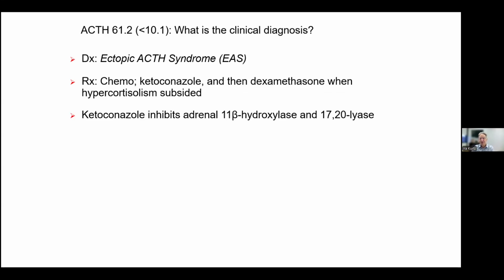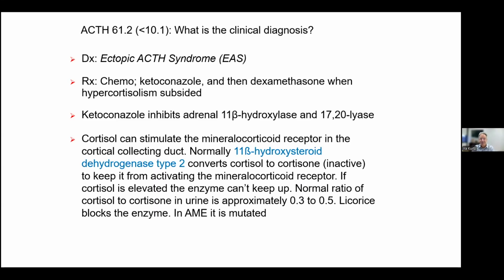Remember that ketoconazole inhibits 11-beta-hydroxylase, one of the enzymes that's important in cortisol production, and also 17,20 lyase. It's in the biochemical pathway in the adrenal. And so what's going on here is, remember, cortisol can also stimulate. So we talked about Geller syndrome, where progesterone can stimulate the mutated mineralocorticoid receptor, but cortisol can stimulate the normal mineralocorticoid receptor.